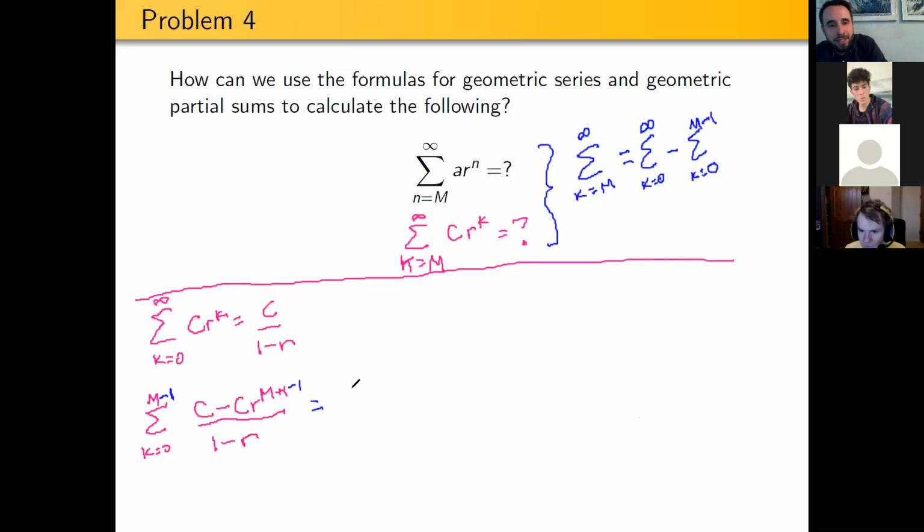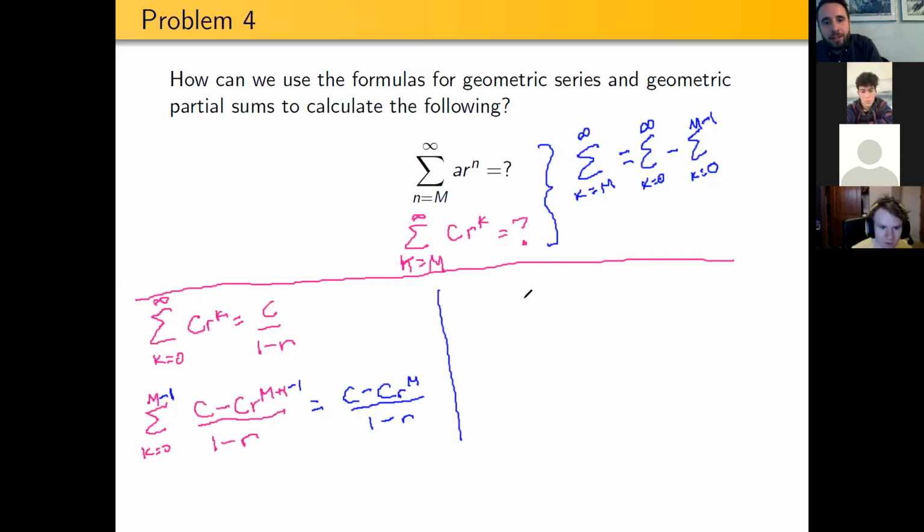And so that will become c minus c times r to the m over 1 minus r. And so taken together, the formula that we're working towards, we've got this expression here. So we want to take the big expression minus the smaller expression. That will be this expression minus this expression.